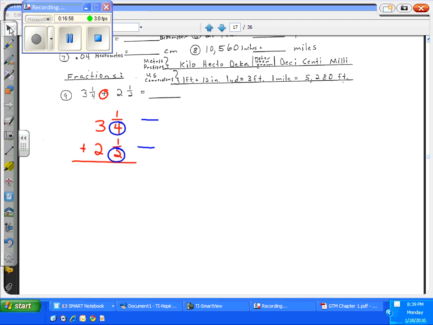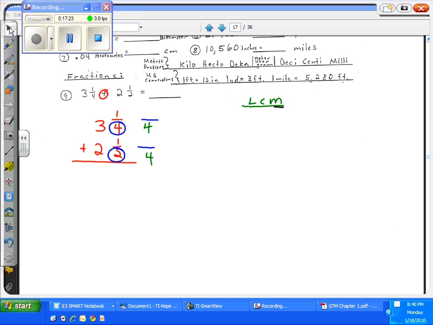Page 8 of the Algebra 1 text says, to find the common denominator, you find the least common multiple. It shows you the prime factorization method of finding the least common multiple. And so you might want to study that on page 8 if you get larger denominators. We probably should all know that the common denominator there would be 4.